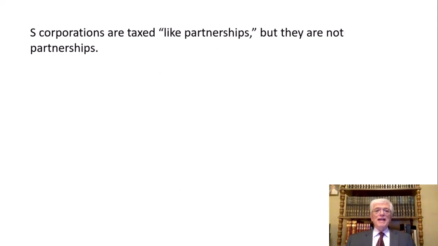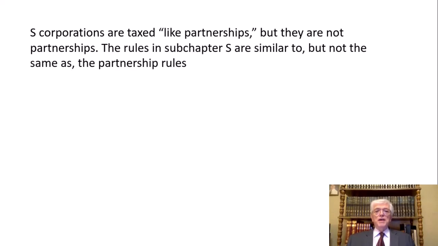S corporations are taxed like partnerships, but they are not partnerships. The rules in subchapter S are similar to, but not the same as, the partnership rules, which are in subchapter K. You may remember all those sections starting with a 7 for the partnerships, like the 754 election and the 731 transfer of assets, etc. That's all subchapter K. S corporations are governed by subchapter S, where all the section numbers start with a 13.